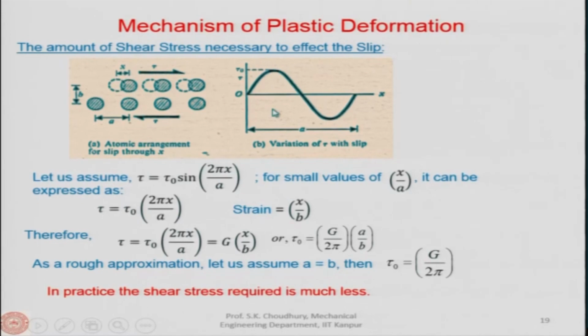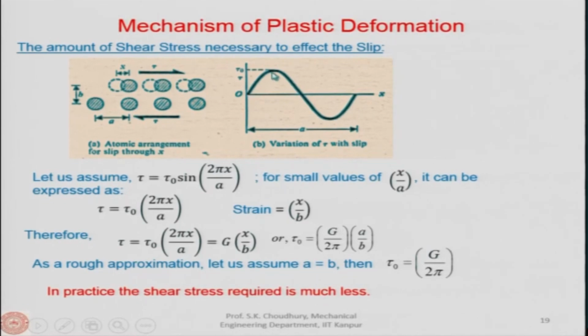They are related, as you understand, the stress is related to the displacement, because of the stress it is displaced. So, it will be sinusoidal, like this, it is shown here, and this is one cycle, that is one within the interatomic distance a, all right.